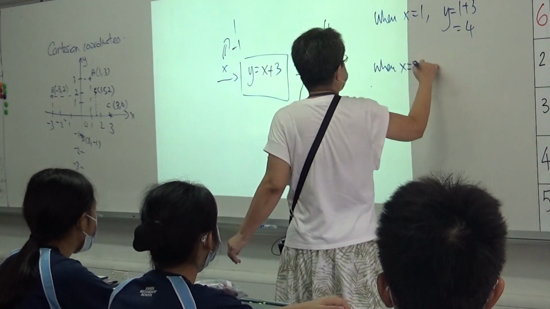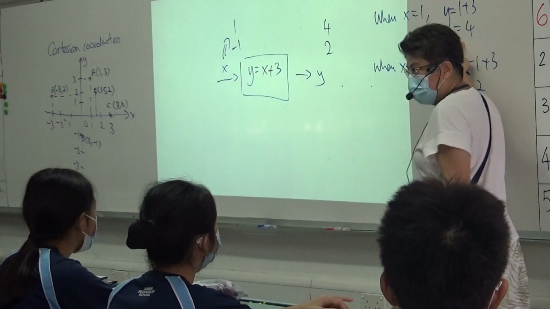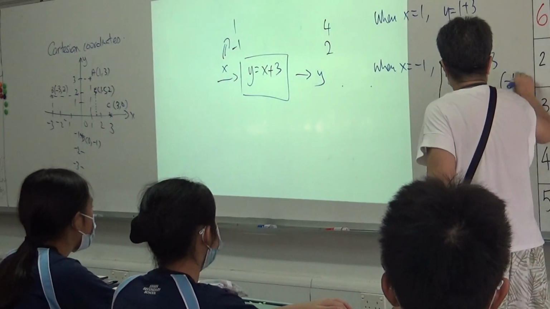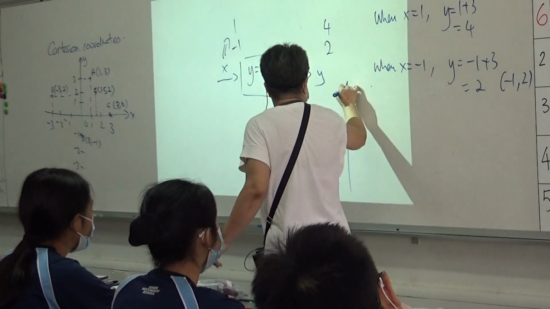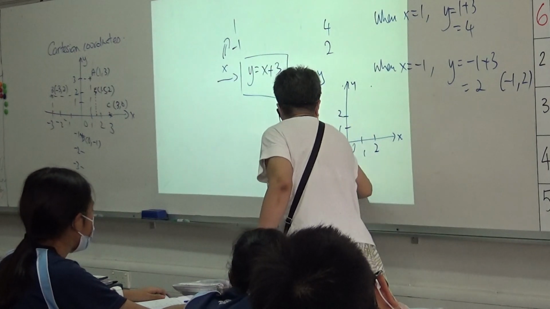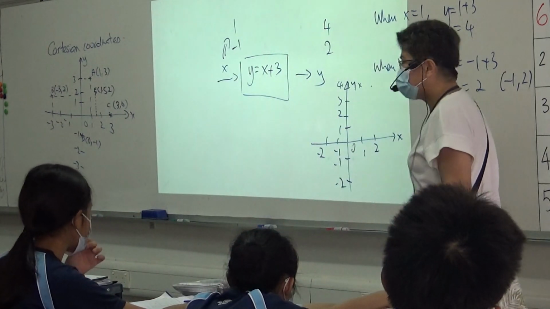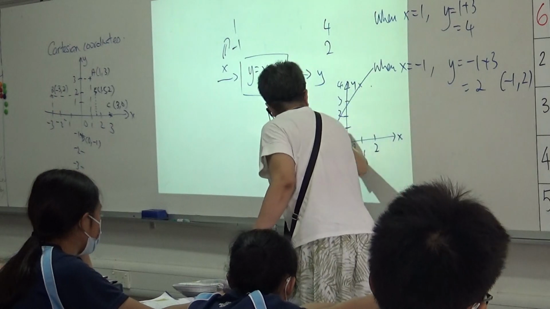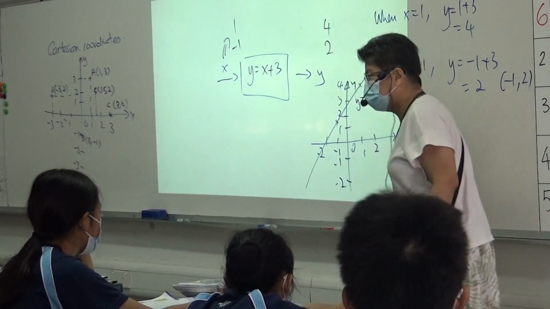Then, when x is negative 1, y will be negative 1 plus 3, which is 2, right? That is called a function.